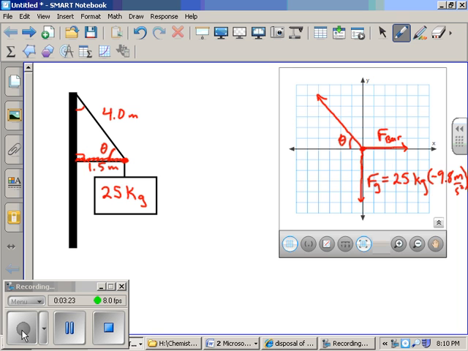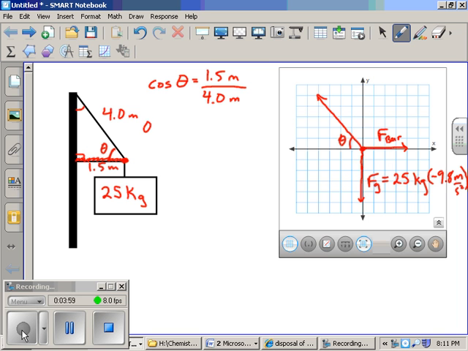Now, how do we get this angle? Well, that is what we are going to calculate from these lengths of the wire and of the bar. So we know that this 1.5 meters is adjacent to this angle, and this 4 meters is the hypotenuse of this triangle that's made over here. So the cosine of that angle theta must be equal to the adjacent 1.5 meters over the hypotenuse 4.0 meters.